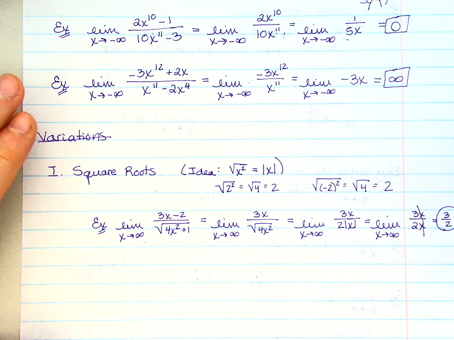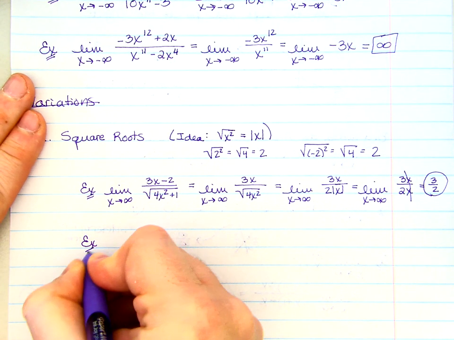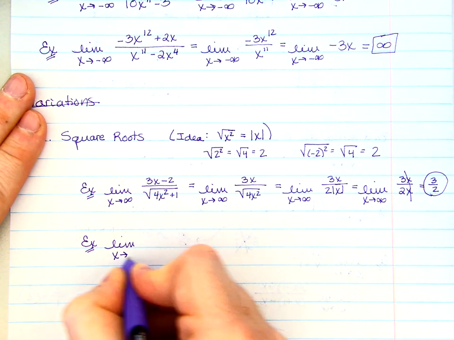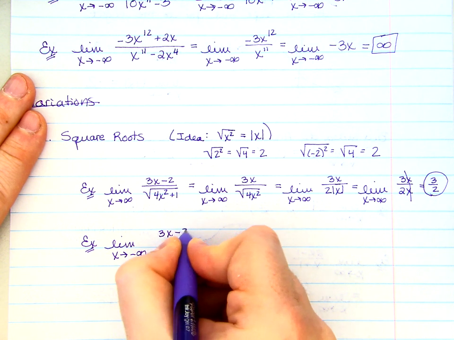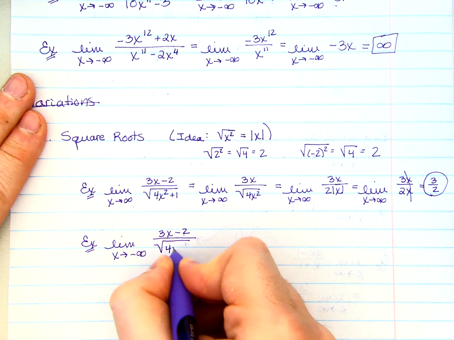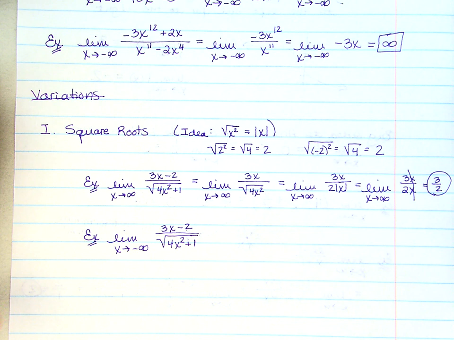Let me show you 2 more square root problems. The limit as x approaches negative infinity of 3x minus 2 over the square root of 4x squared plus 1. So really the same problem. I'm just doing the limit as x approaches negative infinity.